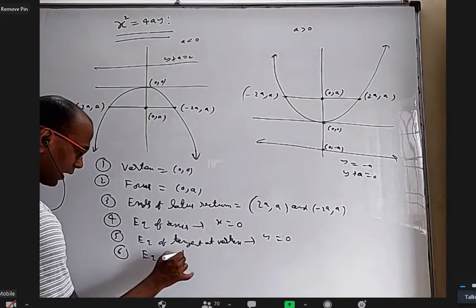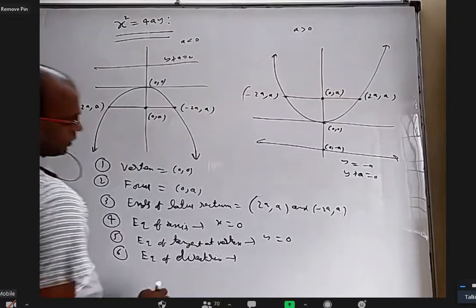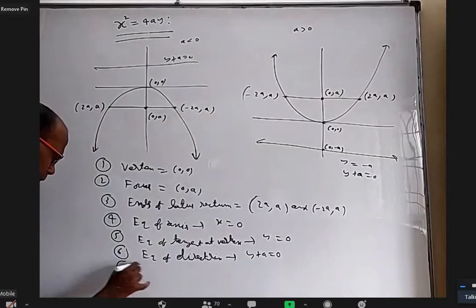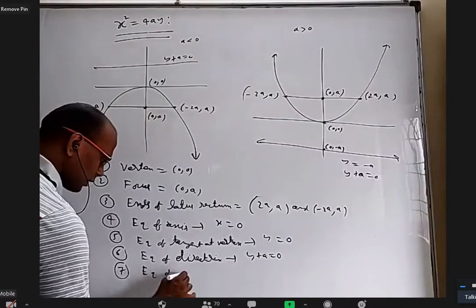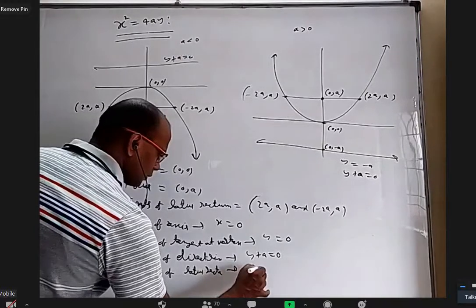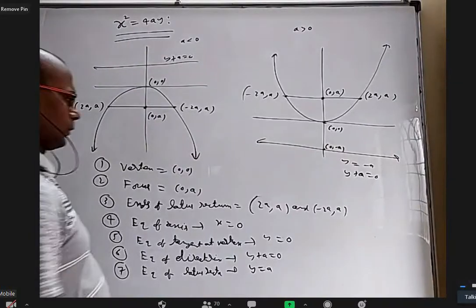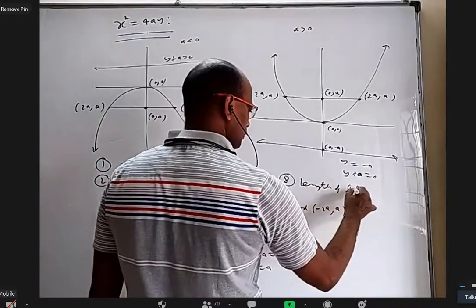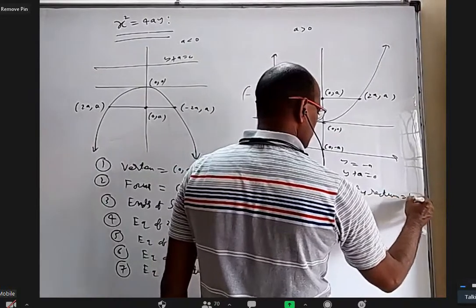Equation of directrix: earlier x plus a equal to 0, now y plus a equal to 0. Equation of latus rectum: earlier x equal to a and now y equal to a. And the length of latus rectum is the same. Length of latus rectum equal to mod 4a.